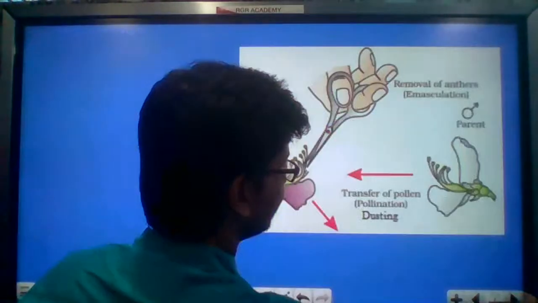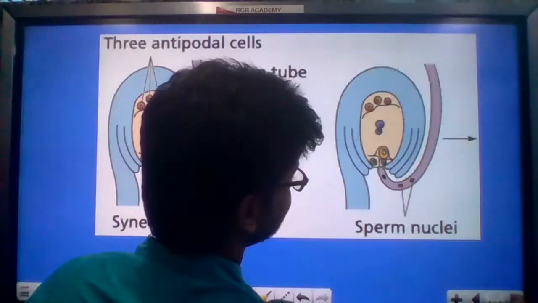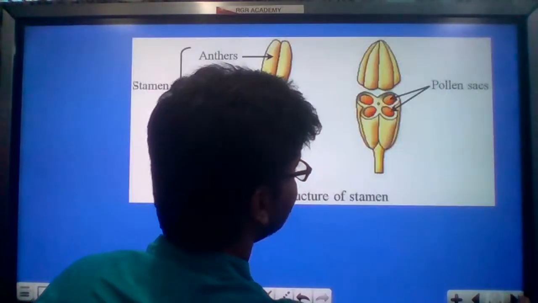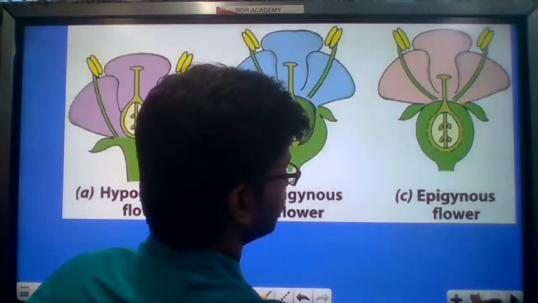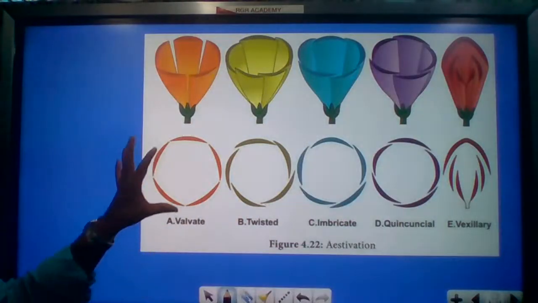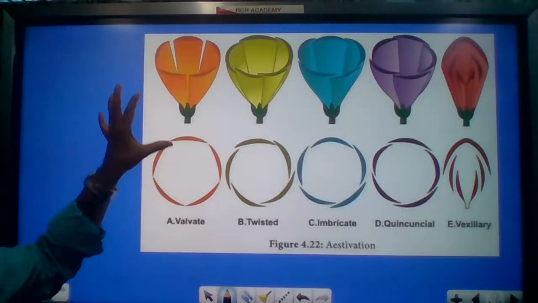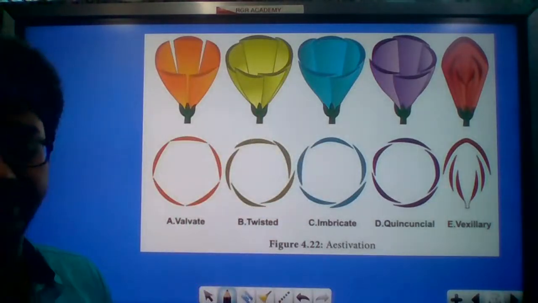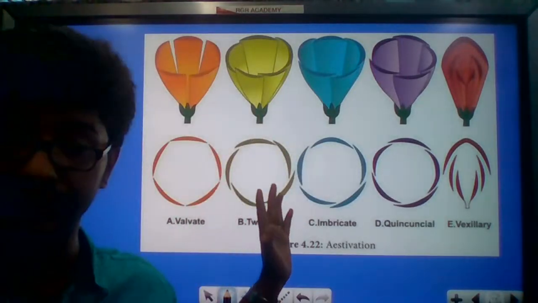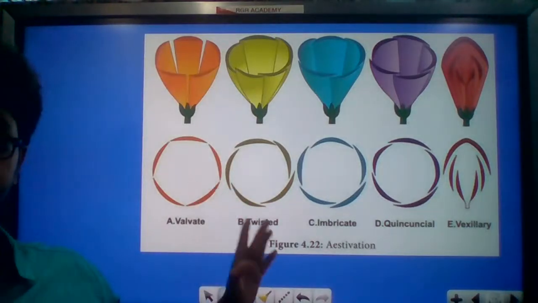Next, we move on to a quick recap of what we discussed in the morphology of flowering plants. We discussed estivation. Just a quick recap, I'm not going to explain; this is just for your understanding. What is the definition of estivation? I already discussed this.